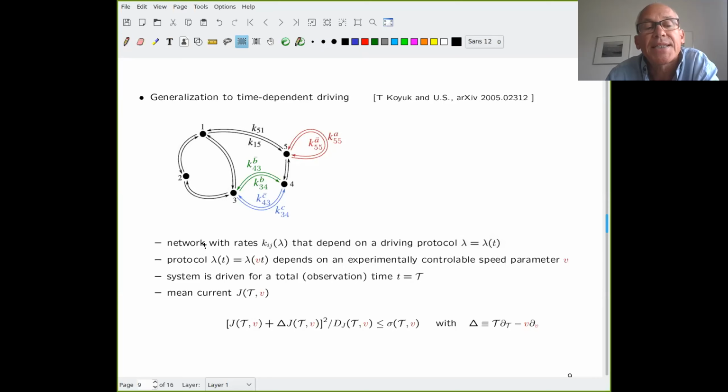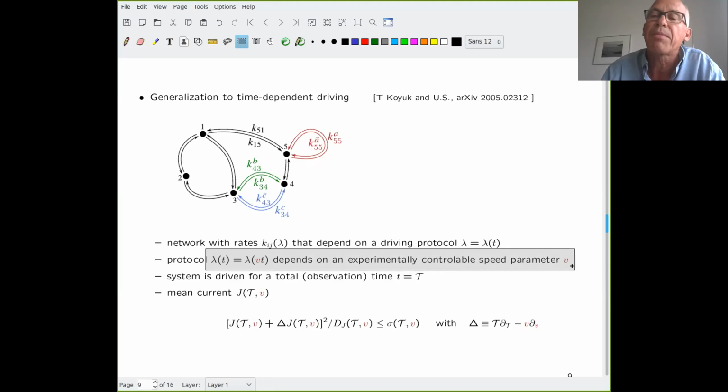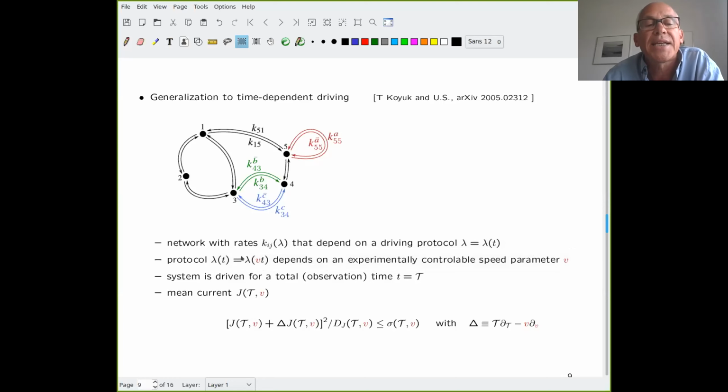And the key point is that we write this as a function of a speed parameter v times t. So we imagine the experimentalist has a knob and he or she can turn this knob faster or slower. But we are not assuming a particular protocol. It doesn't have to be periodic, it could be anything. But we want to write it in this form that it depends on a speed parameter, which basically is a little bit like scaling time.